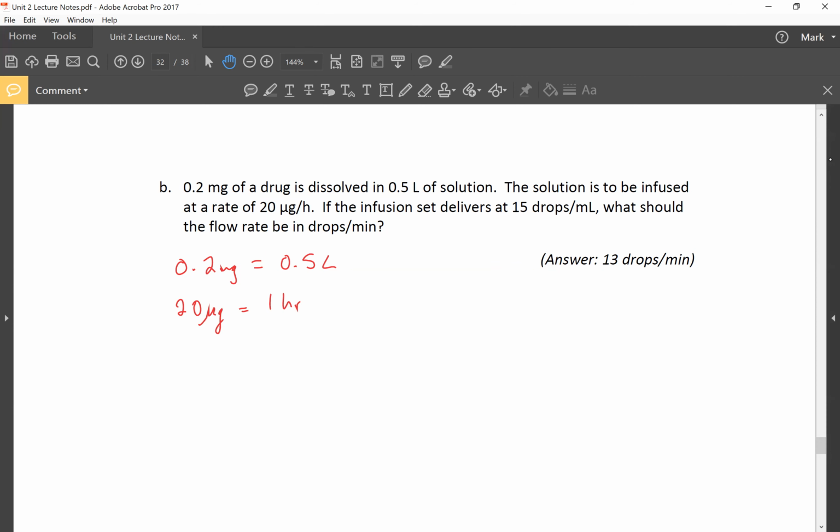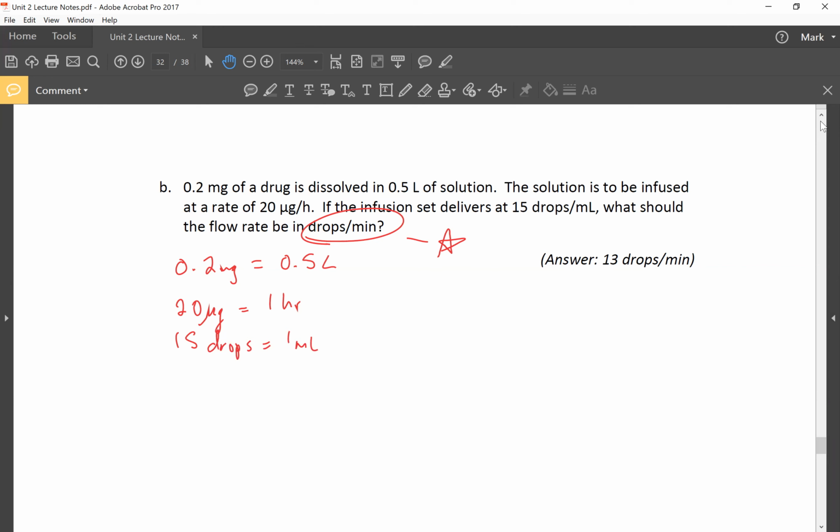Again, you will always be looking for drops per minute. So, wink, wink, if you ever had to do this again on an assignment or something, it would always be drops per minute. So using this information, it's actually the same as the last question.